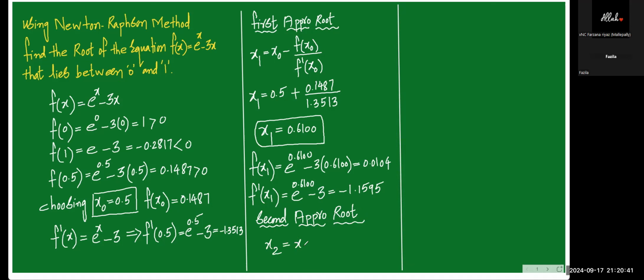Can you tell me? x1 minus f of x1 by f dash of x1. So x2 is equal to x1, which we got as 0.6100, minus f of x1 value 0.0104 divided by f dash of x1 value, minus into minus plus 1.1595. Then your answer, x2 answer.